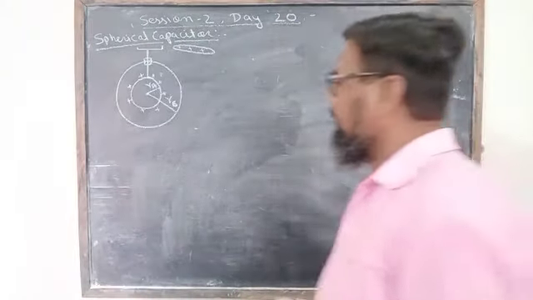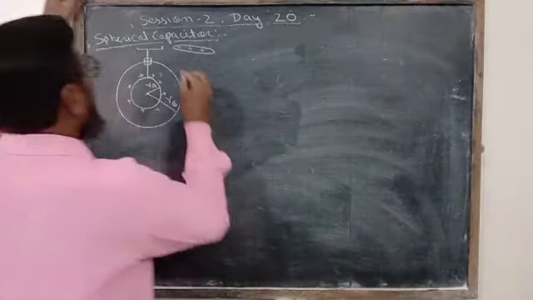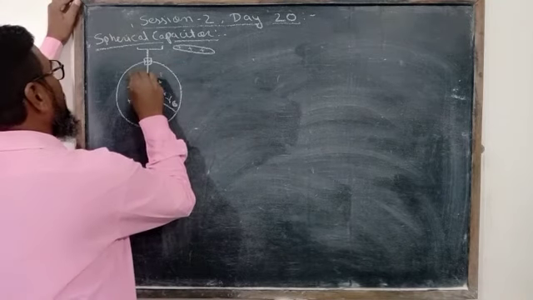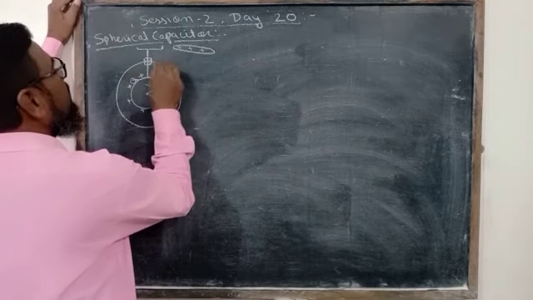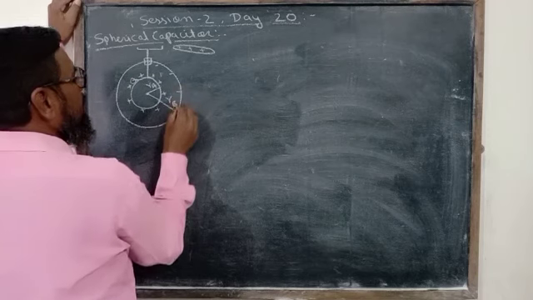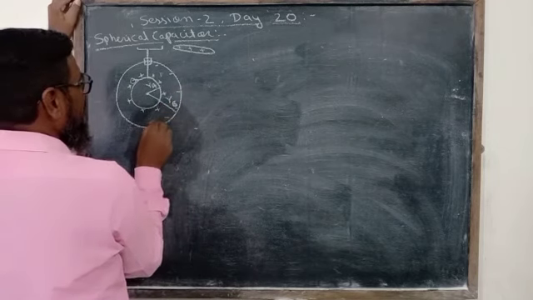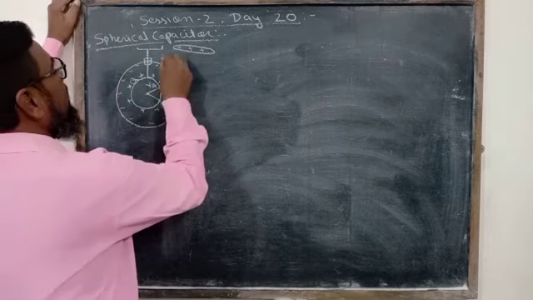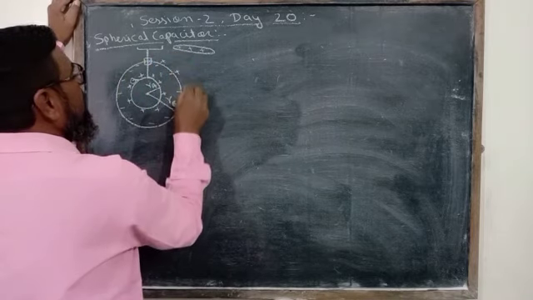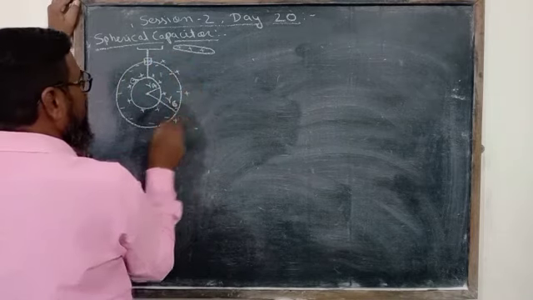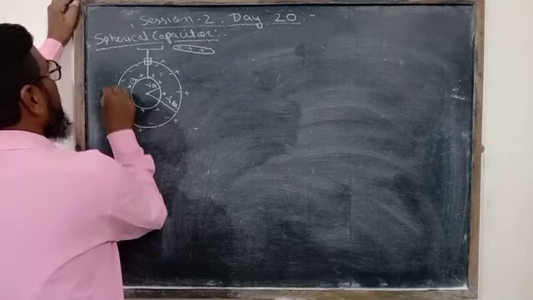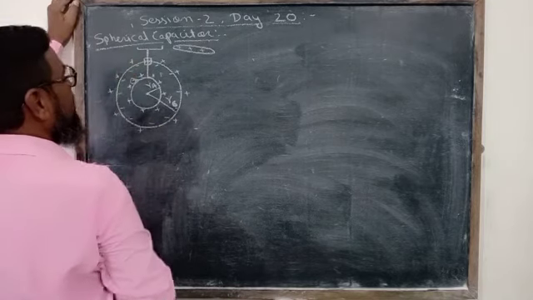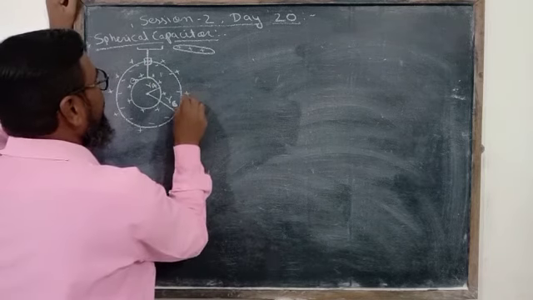And now, by the process of induction, minus Q charge is induced at the inner surface of the larger sphere and plus Q charge is induced at the outer surface of the large sphere, or sphere B.